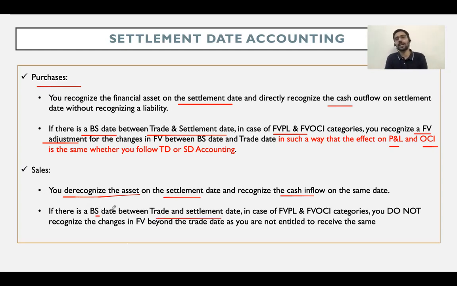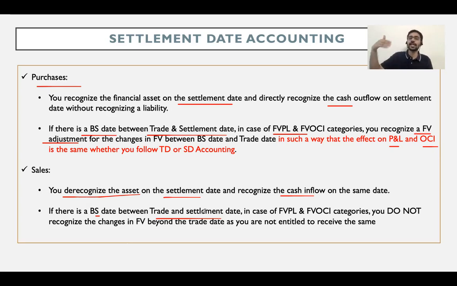In case there is such a balance sheet date, the fair value fluctuations between 30th and 31st are supposed to be ignored. Once you entered into a contract to sell the asset on 30th of March, any fair value fluctuations are ignored, although the asset continues to be shown on your balance sheet. Remember, you have not de-recognized the asset on the trade date.